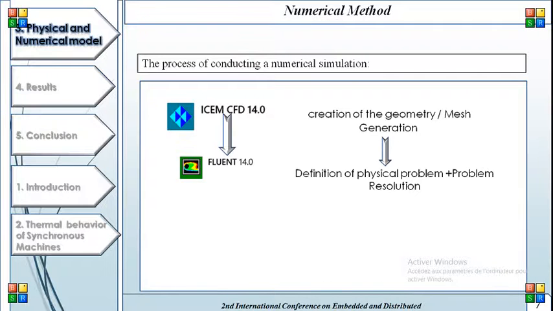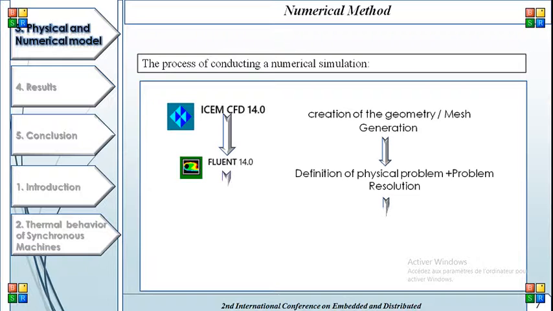The second step is numerical simulation for the definition of physical problem and problem resolution, where the governing equations are solved by the use of the ANSYS Fluent solver based on the finite volume method, and this method is based on the discretization of the transport equation.